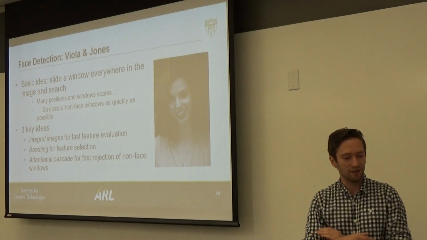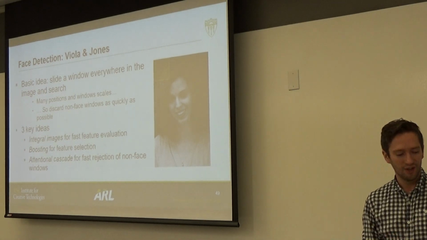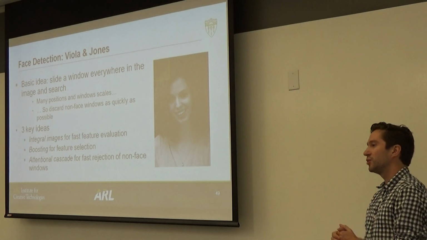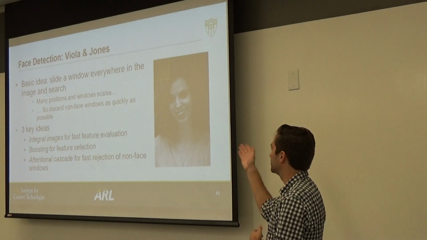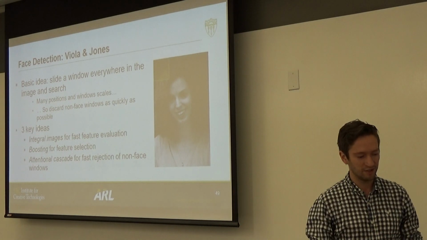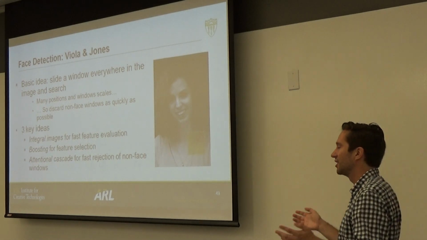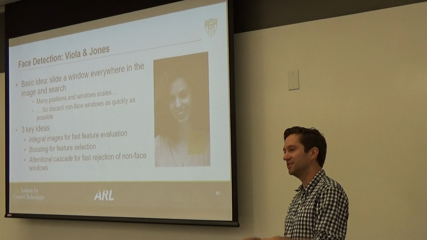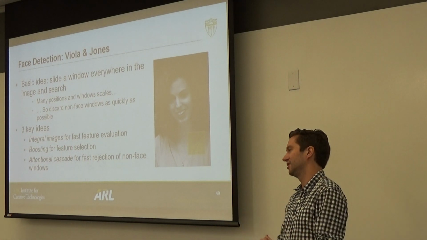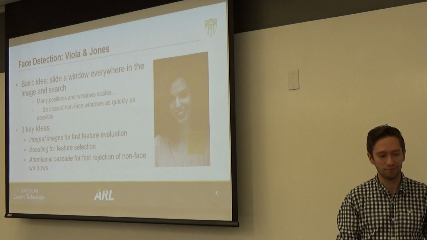So the basic idea of this facial detection technique is, well, there's no way around it. We need to search everywhere. So we need to slide the window everywhere in the image and search for a kind of face. Problem is, you have many kinds of positions, you have many scales. If you have a very large image, it becomes a very complicated problem.